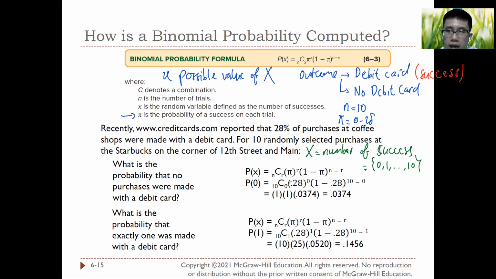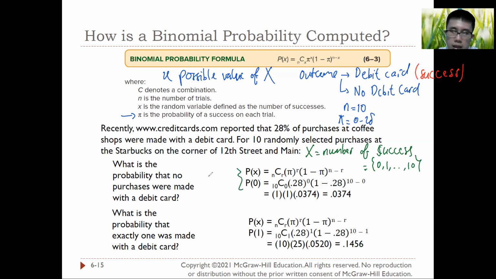Here n is 10, combination 0, times 0.28, our pi here, to the power of 0, and then multiply by 1 minus 0.28 to the power of 10 minus 0. Just substitute x with 0 and n with 10, and the result is 0.0374. Yeah, we are done with this.